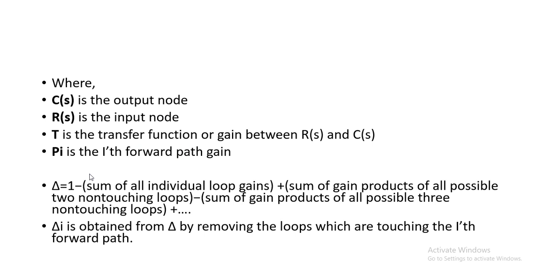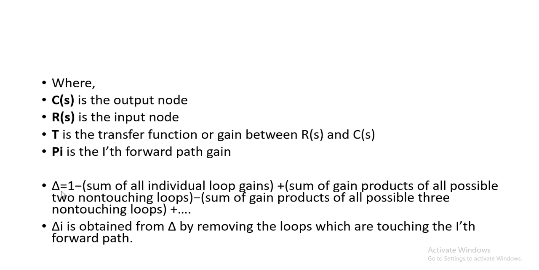If it is the first forward path, then it will be P1, the first forward path's gain. If it is P2, then it will be the second forward path gain. If it is P3, it will be the third forward path gain. Carefully see how I am going to solve this problem, because it is very simple and very important.